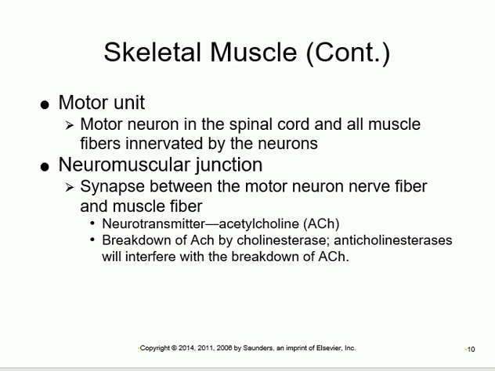I don't know if you remember it or not from A and P, but if you forgot it, you still need to know. So if you have a muscle like this, and you have a nerve coming to it, you call it motor end plate, or motor unit. The transmitter that goes from the end of the nerve to the muscle is called acetylcholine, and you need to remember this neurotransmitter.